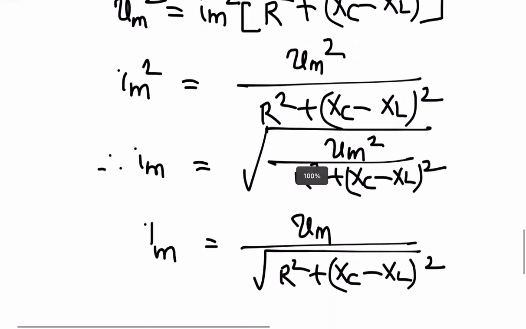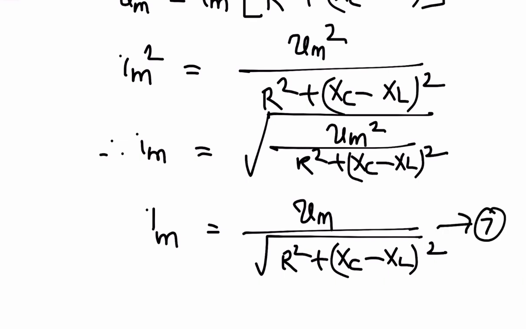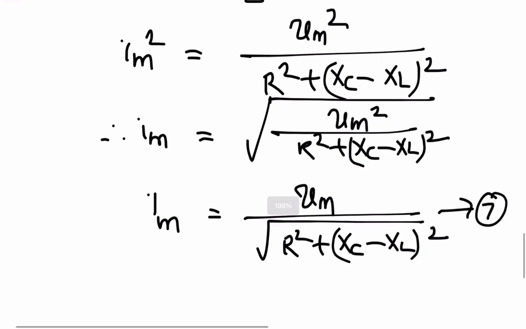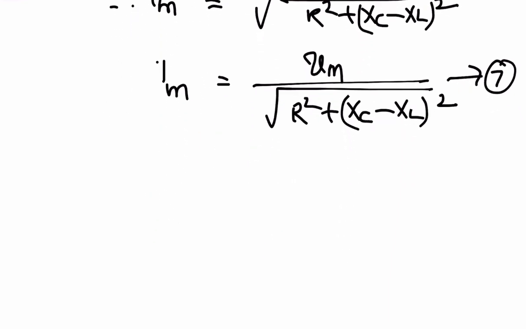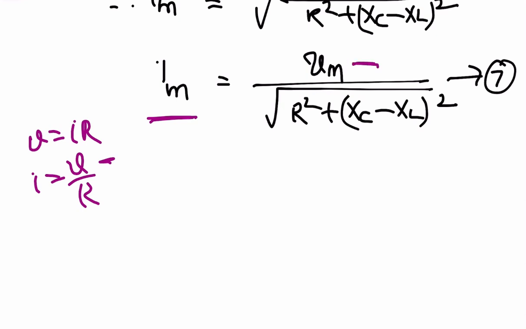Now if you compare it with Ohm's law, you know Ohm's law, V is equal to IR or I is equal to V by R. So in place of I you have Im, in place of V you have Vm, and in place of R you have all this quantity. Therefore that quantity is the resistance of the circuit, but here we don't call it resistance, we call it the impedance of the circuit.